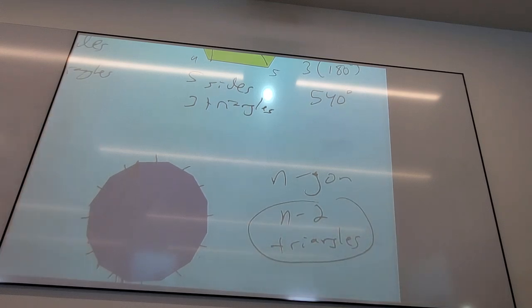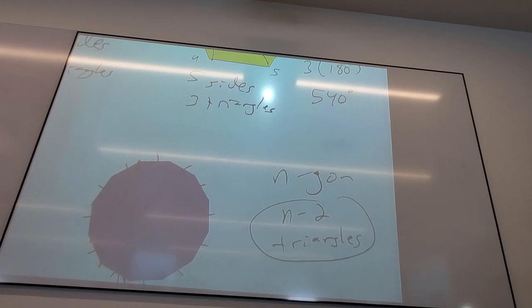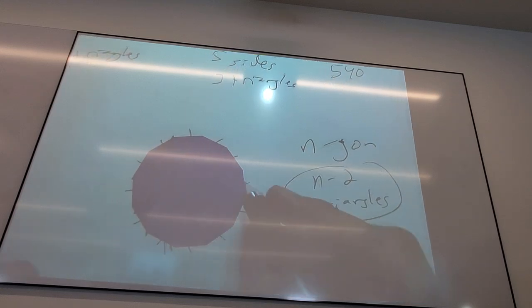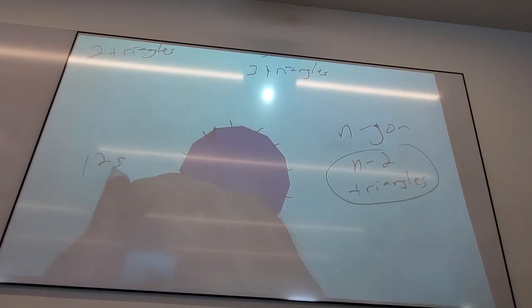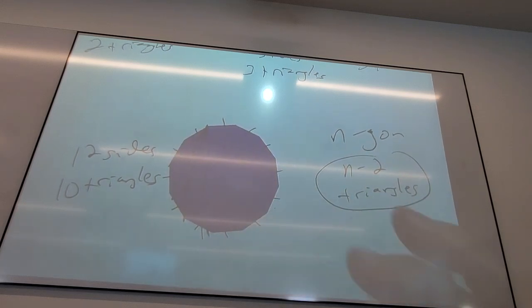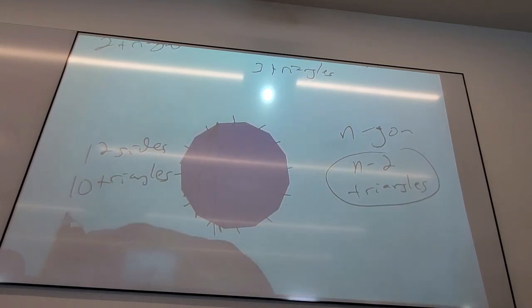Now, what's the point of this? Well, what's the point of anything? I don't know, guys. Yes? So this had 12 sides, so I could draw 10 triangles. So what would the total angle measure inside be then? 1,800 degrees, yes?